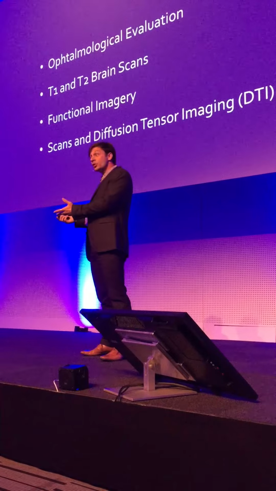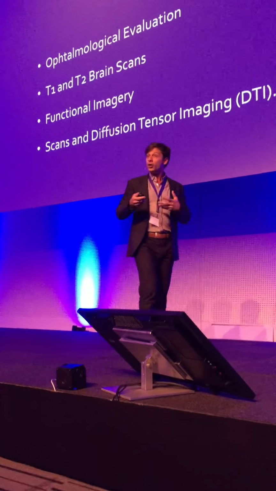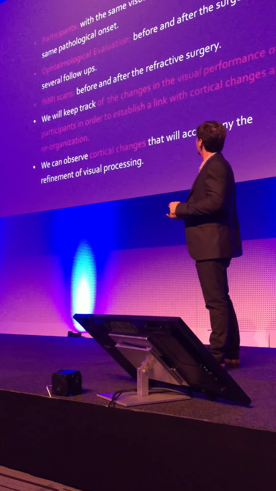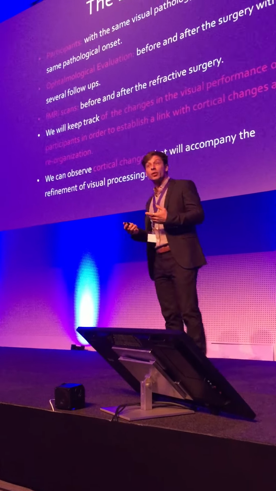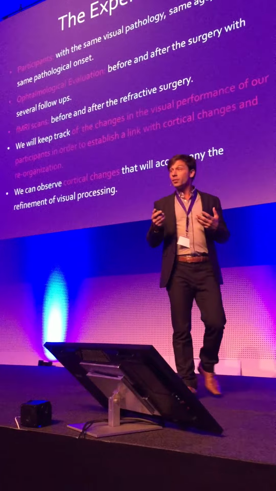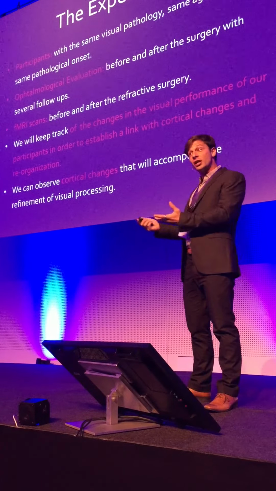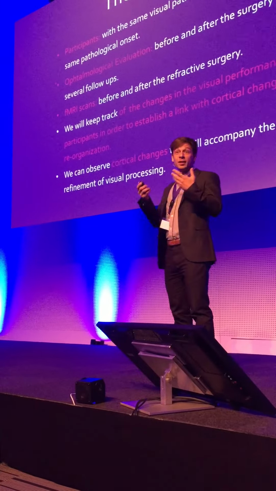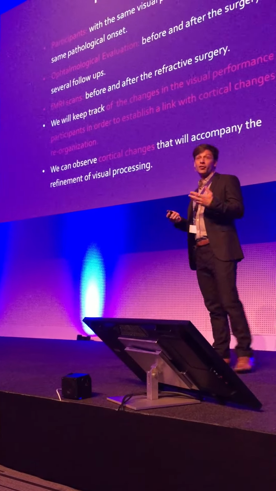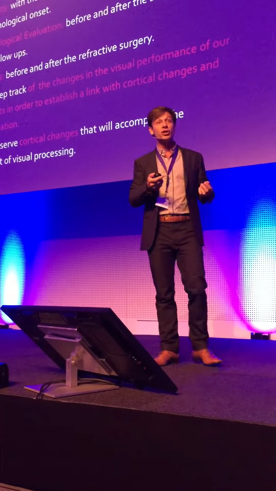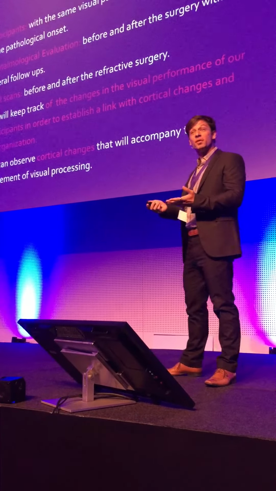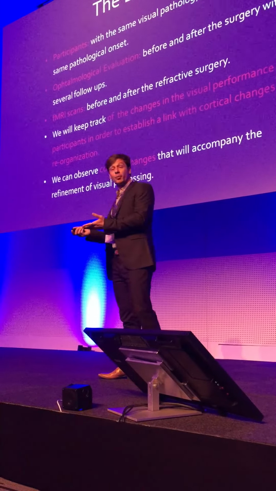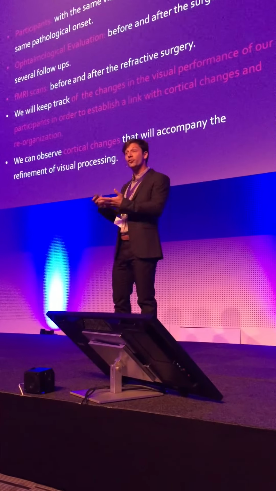So without getting into too much detail or divulging all of the details of the study we've decided to undertake, I'd like to explain a little bit about what we're going to do. We'd like to understand what are these changes that accompany the betterment of visual performance. So we'll be performing ophthalmological tests before the operation, and scanning our participants before, and then performing these tests again afterward, so that we can compare before and after.